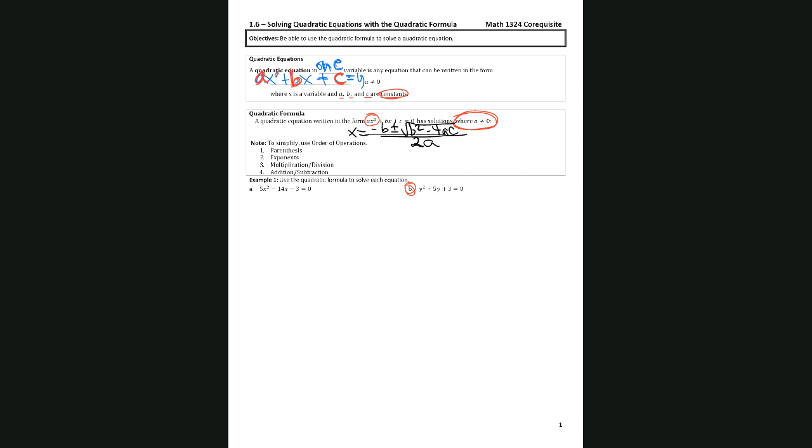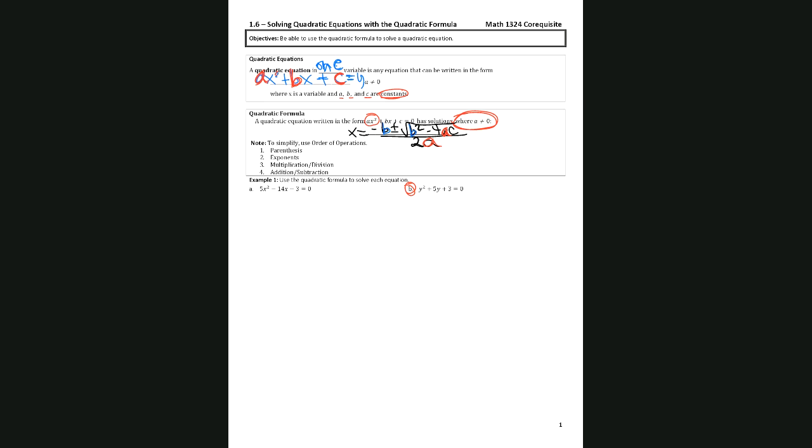Now, the letters that you see here, for example, remember we said that a was the coefficient of the x squared, so we're going to substitute that with its numerical value. Then b is the coefficient of the x term, and that one will get substituted here and here. And then finally we have c, the constant term, and that will go one time in here.